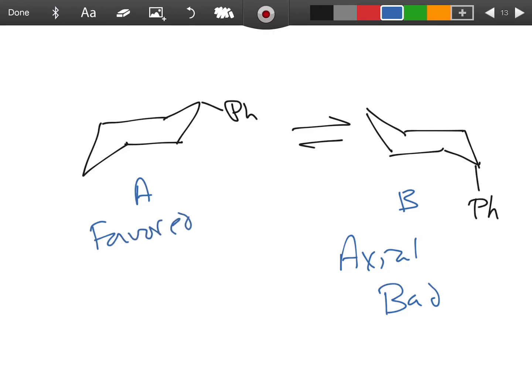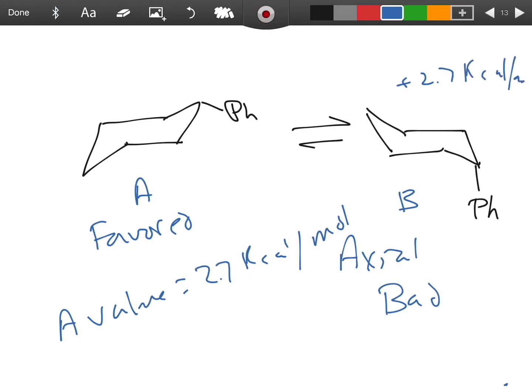The A value of 2.7 kcals per mole, so that is the energy difference between A and B. So this is plus 2.7 kcals per mole, so this is 2.7 kilocalories per mole less stable than A. Right?